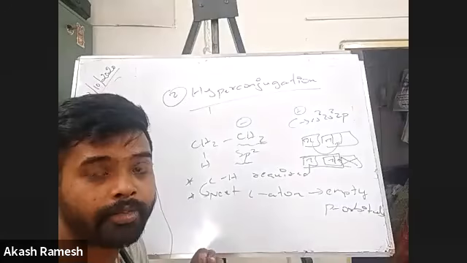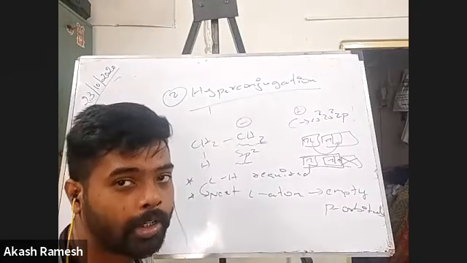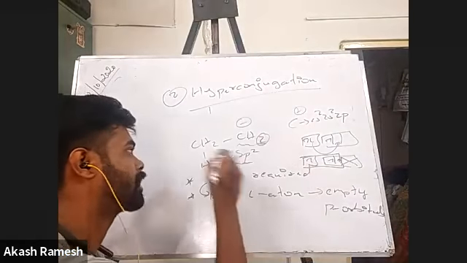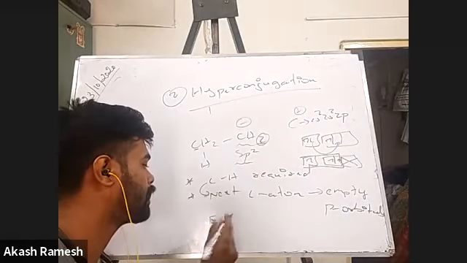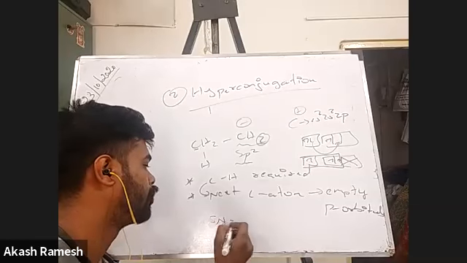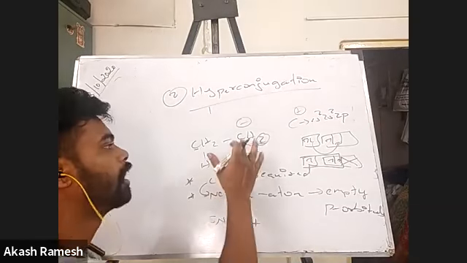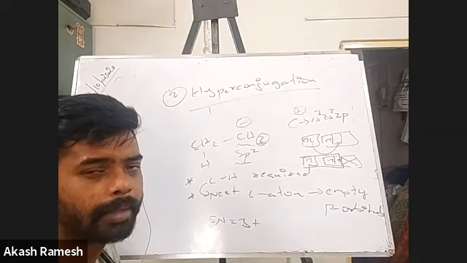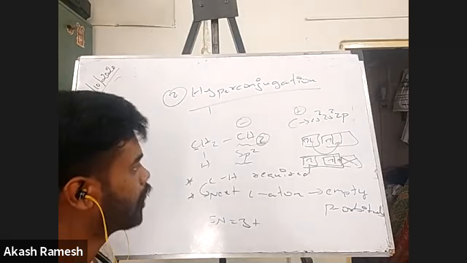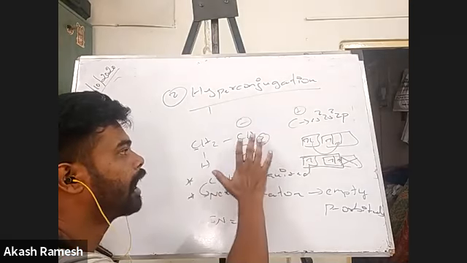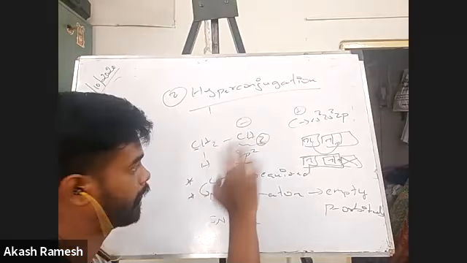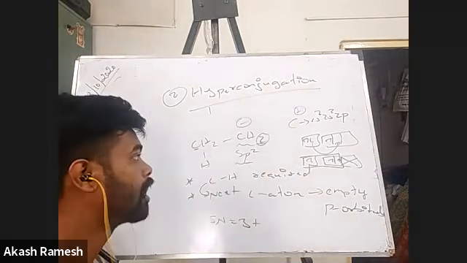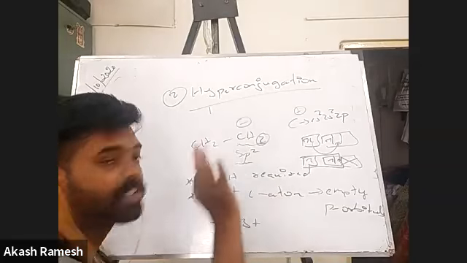First of all, I have to check the atoms bonded to the central atom. The central atom here is carbon. You can see there are two hydrogen atoms and one carbon atom, so the steric number would be 3 plus something. Carbon already has 4 valence electrons, excluding this negative charge.